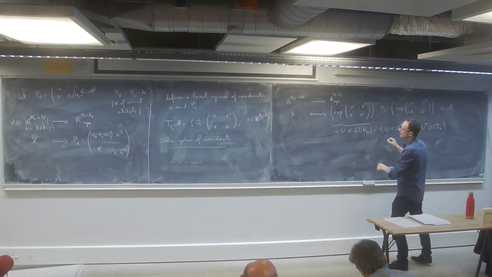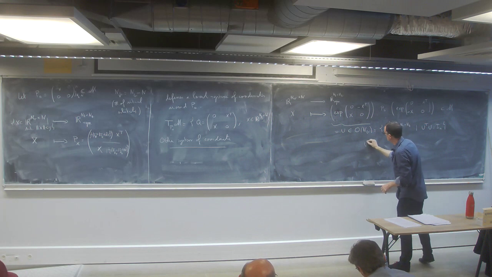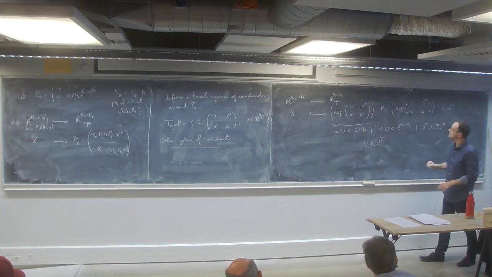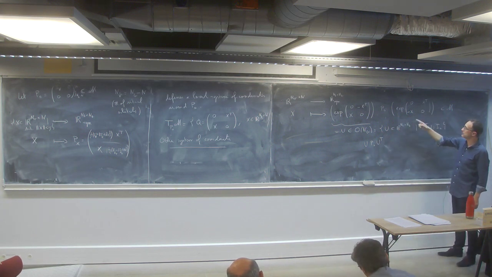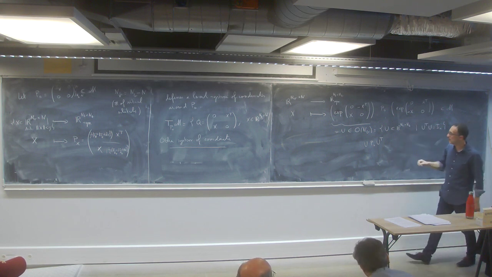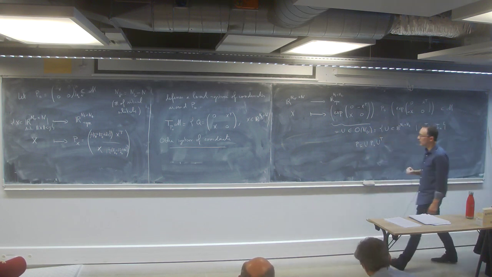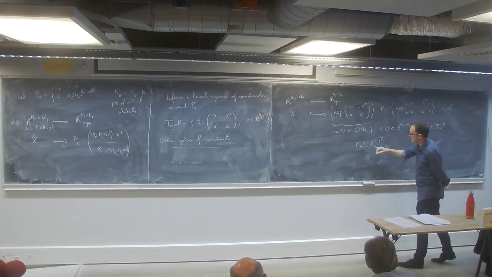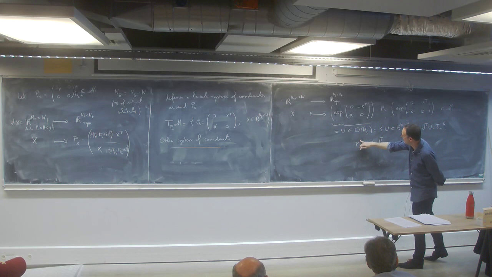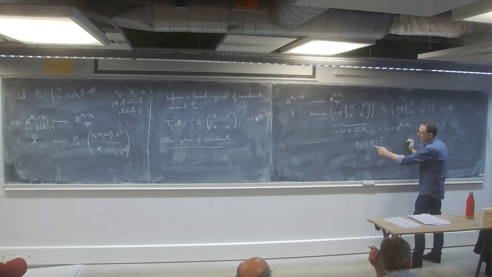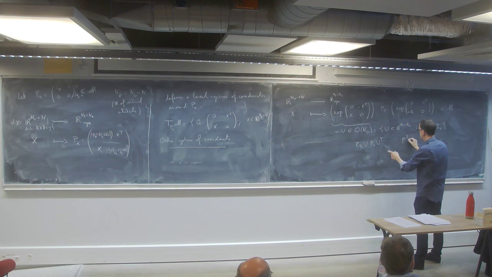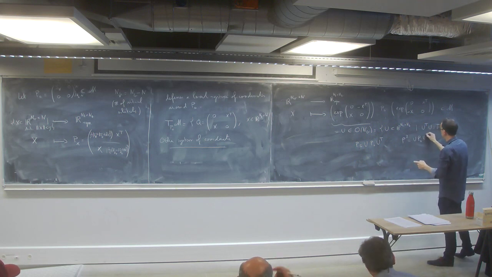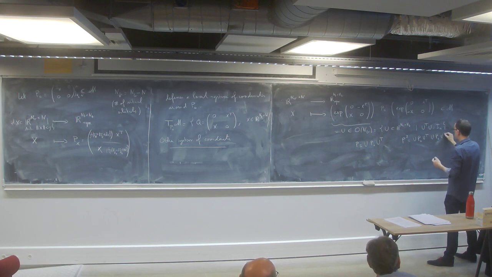And here, obviously, you have the same. So in fact, this big guy is U P naught U transpose, because the sign is changing, this is the transpose. Any P of this form is indeed an orthogonal projector of rank 1. Because if you take the square, first it's symmetric, obviously. If you take the square of that, you have U P naught U transpose U P naught U transpose.